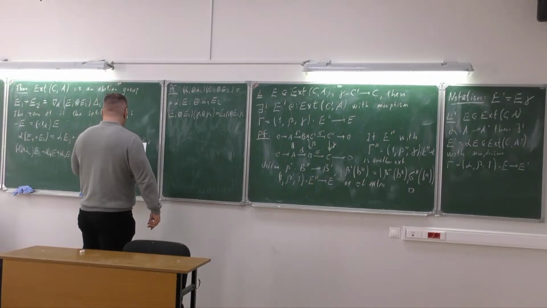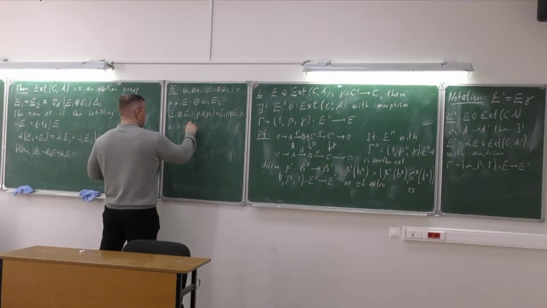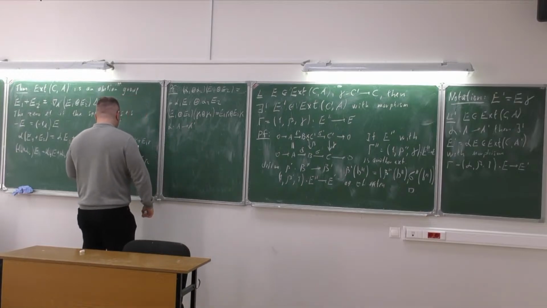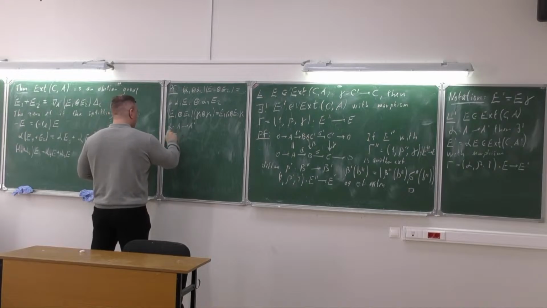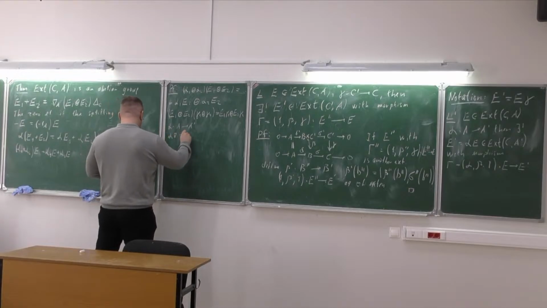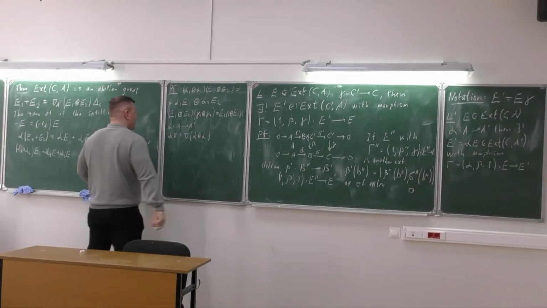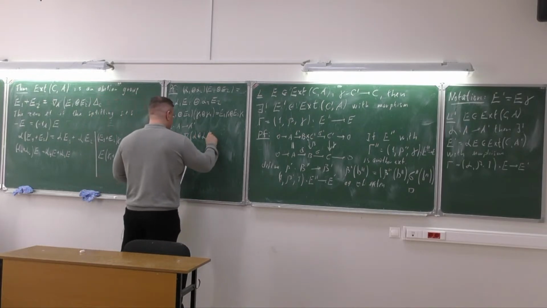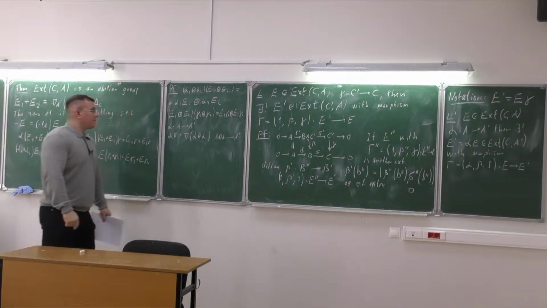And also, you can notice that if you have any map, say alpha, from A to A prime, then for this map, you have the following. The composition of alpha with the codiagonal is equal to the codiagonal composed with the direct sum of two copies of alpha. So this is as a map from A plus A to A prime. Right?